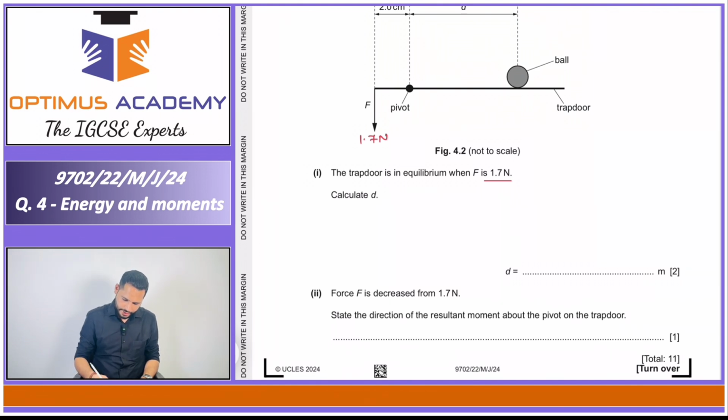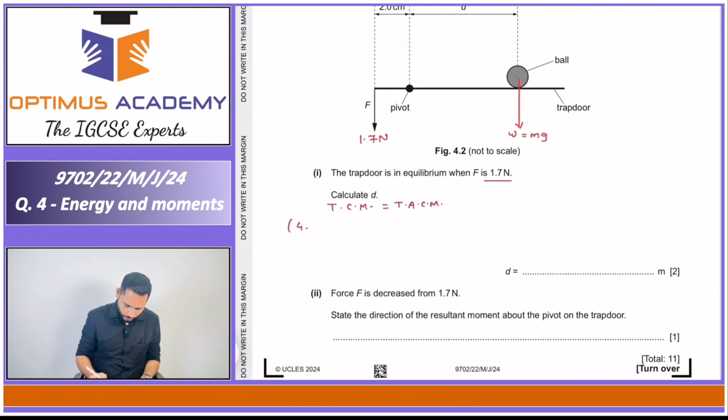Calculate the distance d. Here the second force that we are supposed to consider is the weight of the ball, and weight is given as m into g. To calculate distance d, we will use the formula: total clockwise moment is equal to total anti-clockwise moment. The clockwise moment is produced by the weight of the ball.